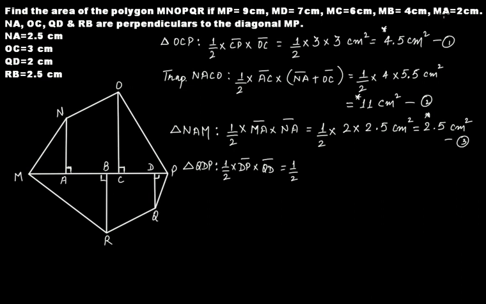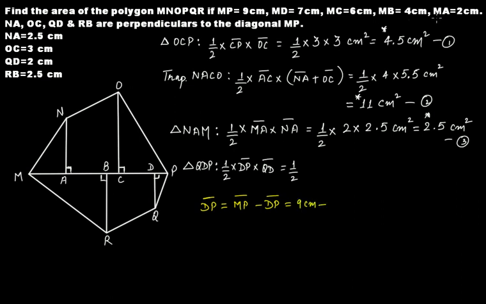No, we don't have this value of DP. Then how to calculate it? Well, DP is equal to MP minus MD. MP minus MD will give you DP, right? So MP is 9 centimeter.